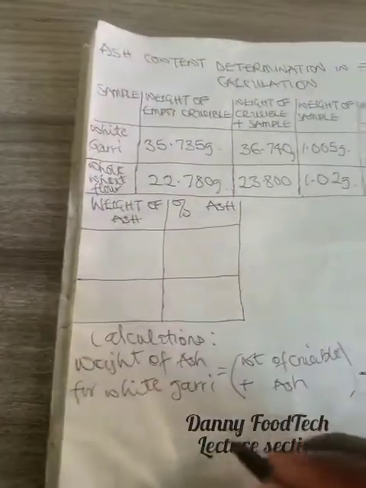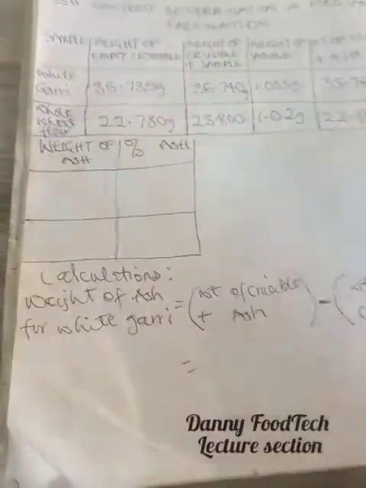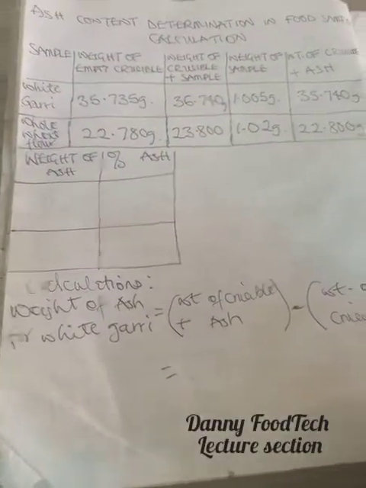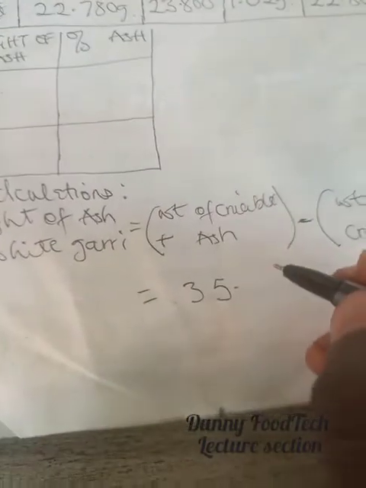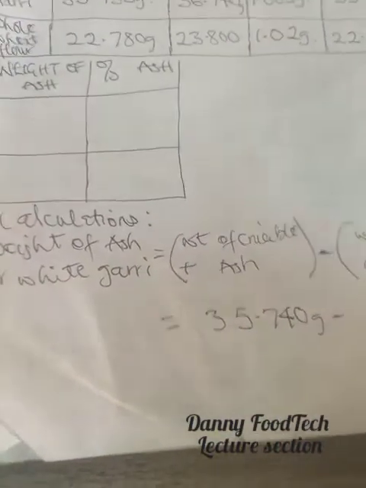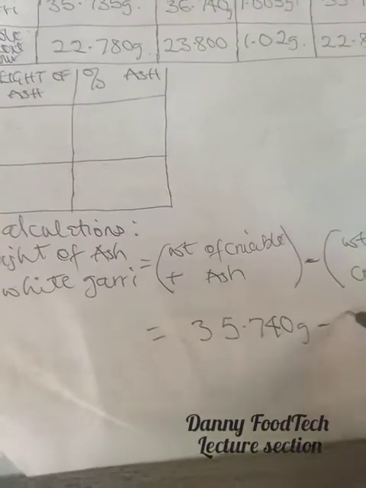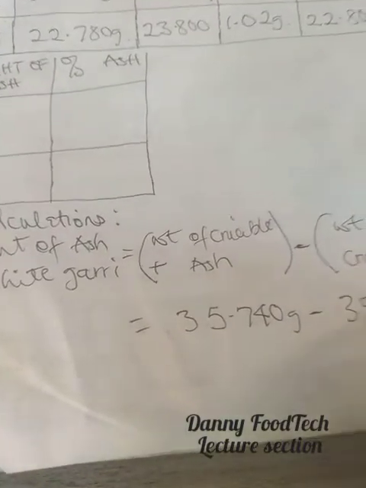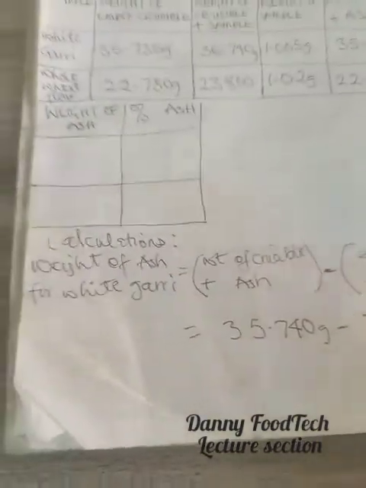So for white Gary, the weight of empty crucible plus ash is 35.740 gram, minus the weight of the empty crucible, which is 35.735 gram.